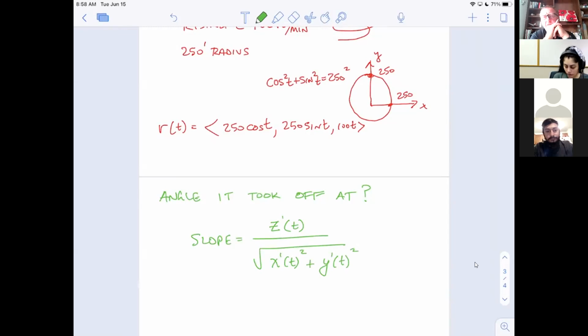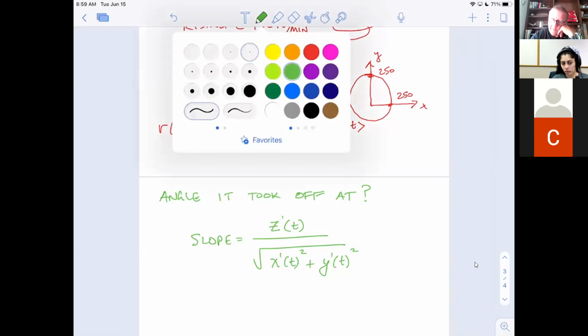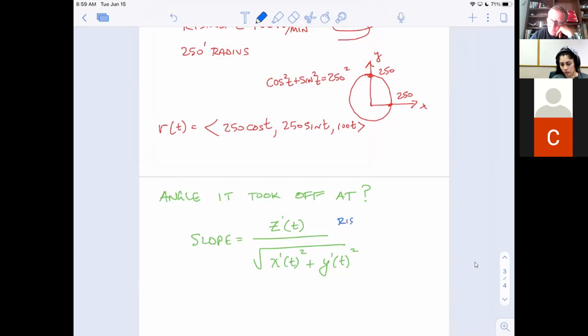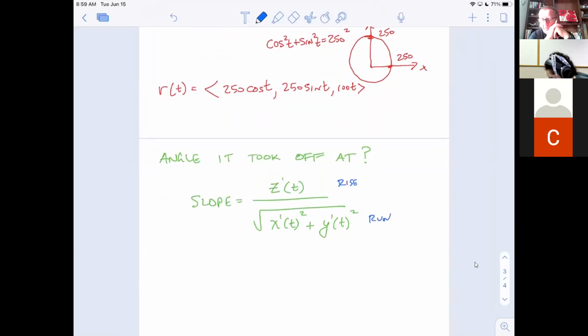Again, I won't go back over why we said that, but ultimately z of t is the height, and in the XY plane, the Pythagorean theorem of x and y are actually producing the run. So we said yesterday that, at least conceptually, this was the rise and this was the run. And so this was how we're going to get the slope. So I would like to see if you could do that.